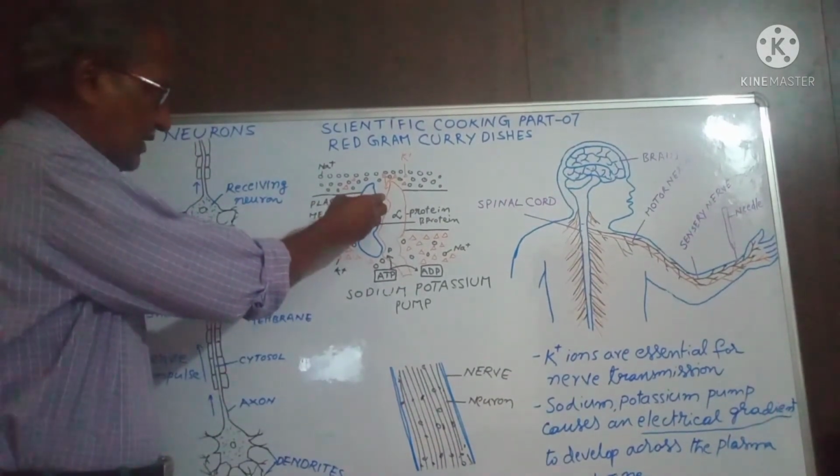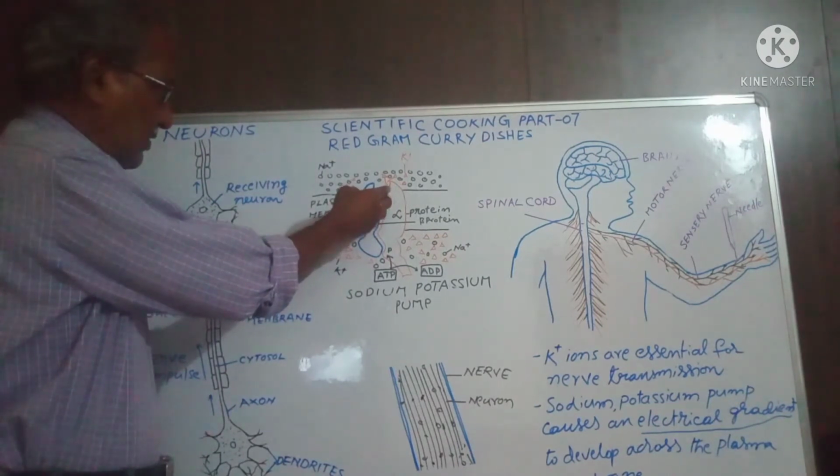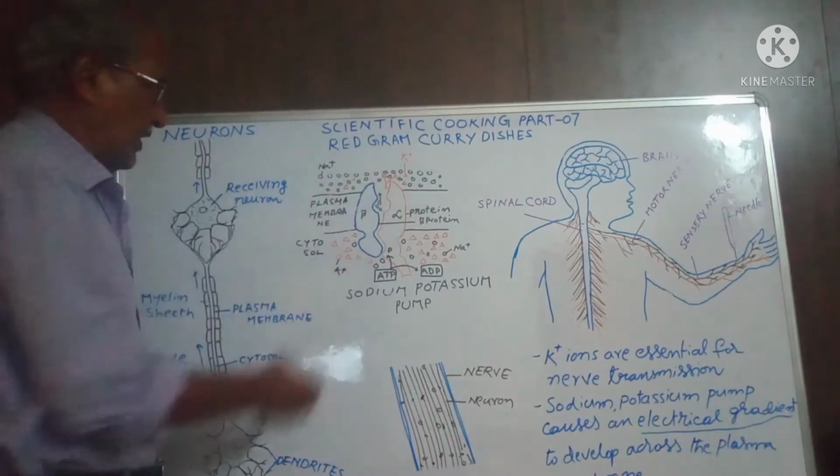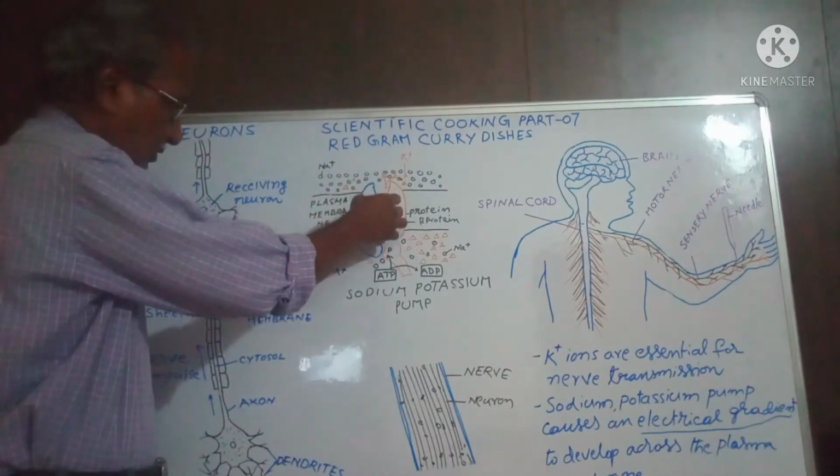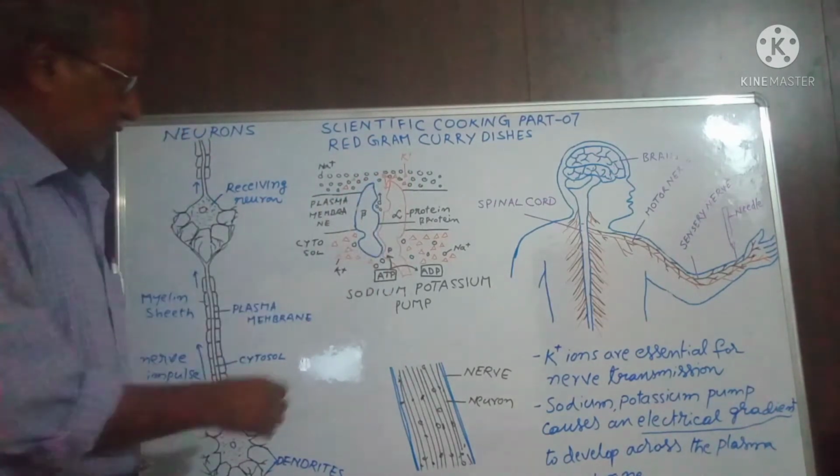Three sodium ions reach the outer surface of the membrane and two potassium ions enter the cytosol.